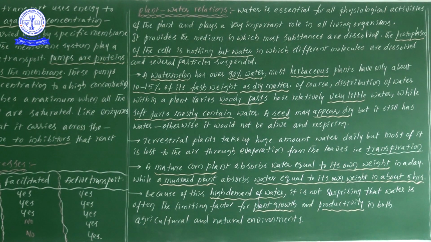Means, when we observe these situations, what is the point we have to understand? Definitely we will observe the high demand for water. For what, sir? For plant growth and for giving more productivity, by the process of photosynthesis food materials are produced, that is productivity.